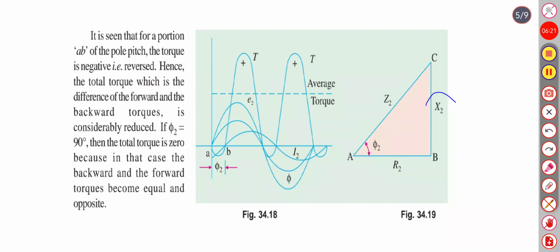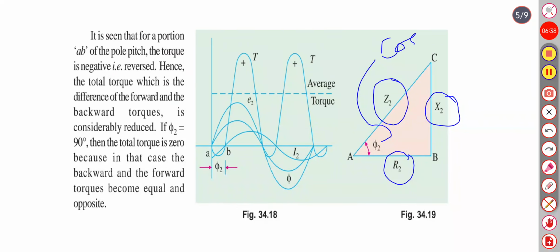This is the rotor reactance per phase, this is the resistance per phase, this will be the impedance per phase, and this will be the angle, and cos phi 2 is the power factor of the rotor.